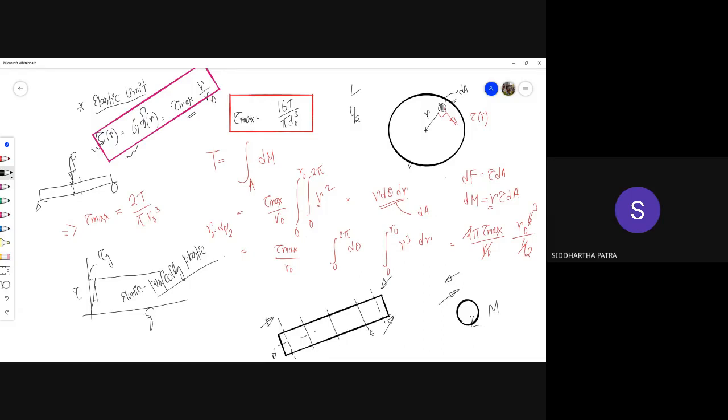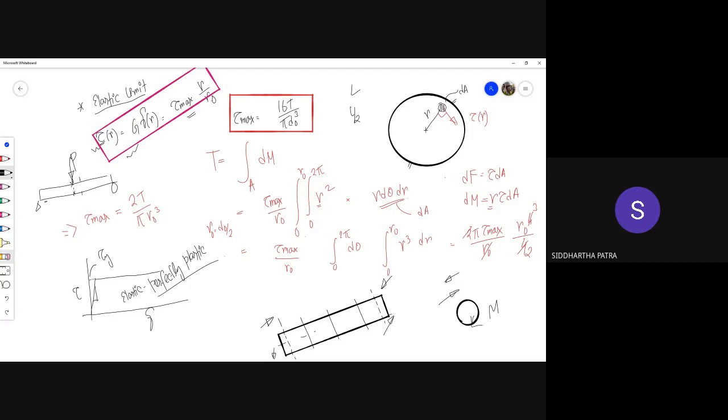There is no cross section which has more likelihood, theoretically, of having the first yielding compared to others. So we don't have to bother about where we get the maximum bending moment, or which cross section. We don't have to ask that question.